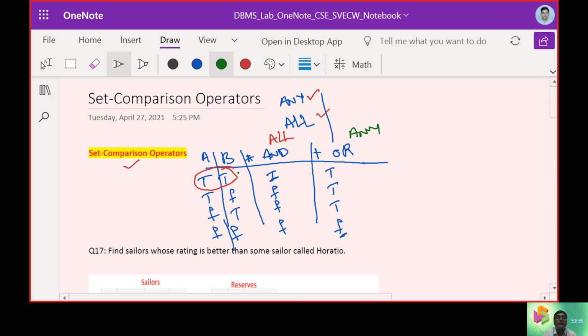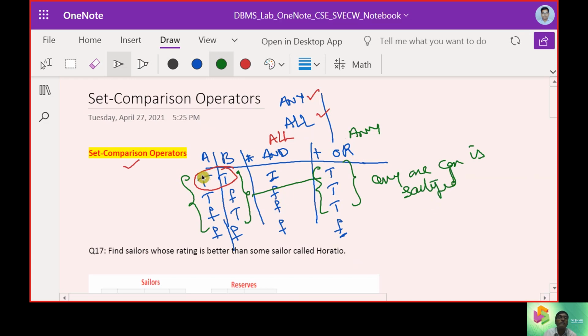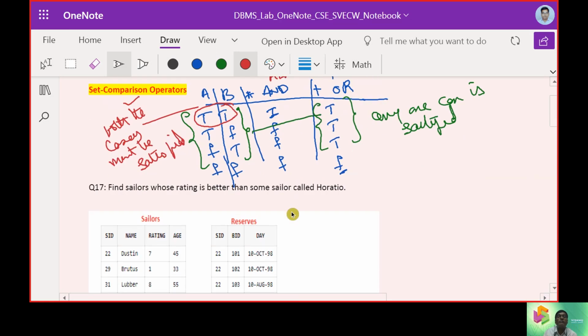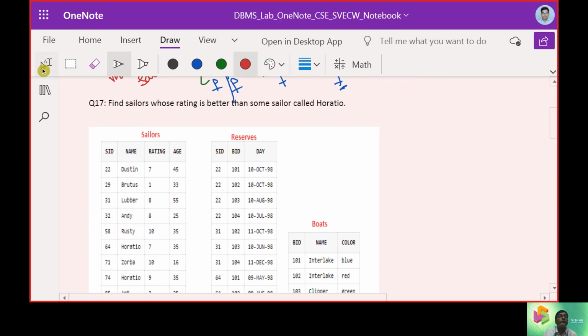It can be the three cases, any one case satisfied. Here both cases must be satisfied.